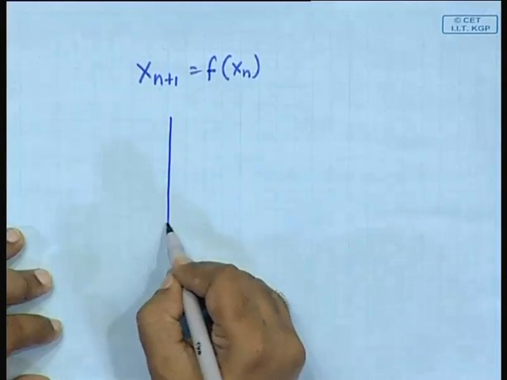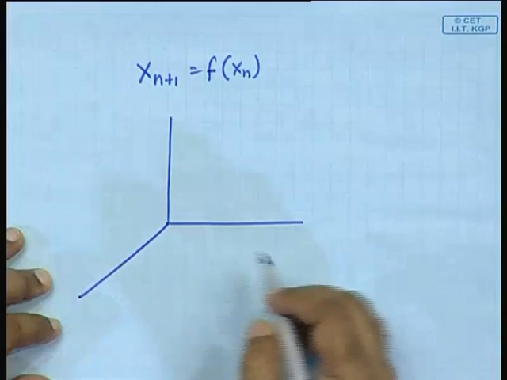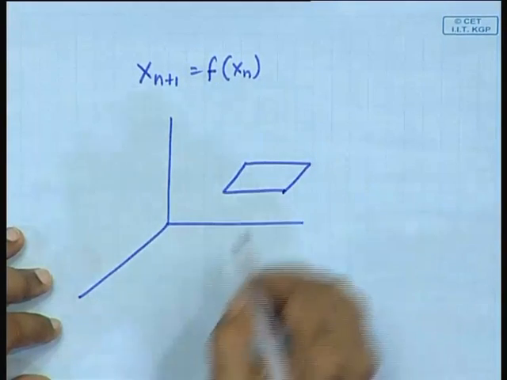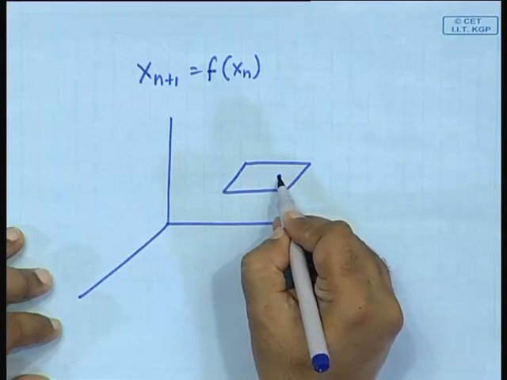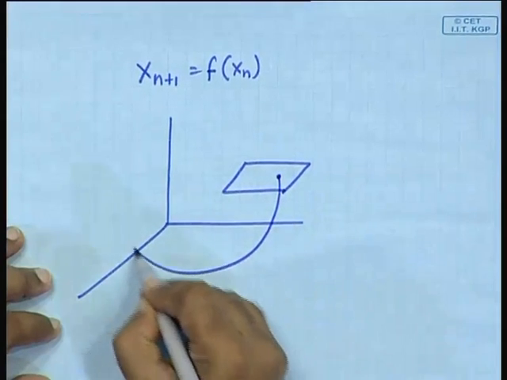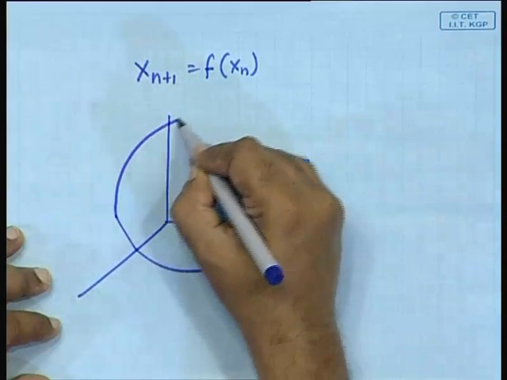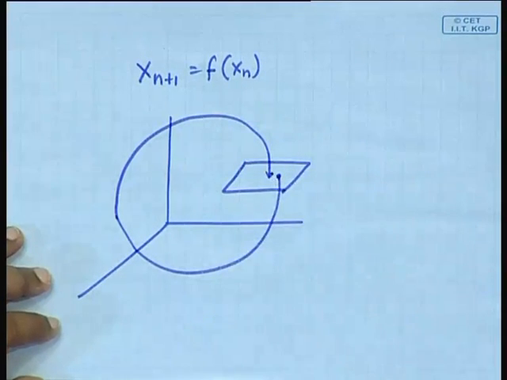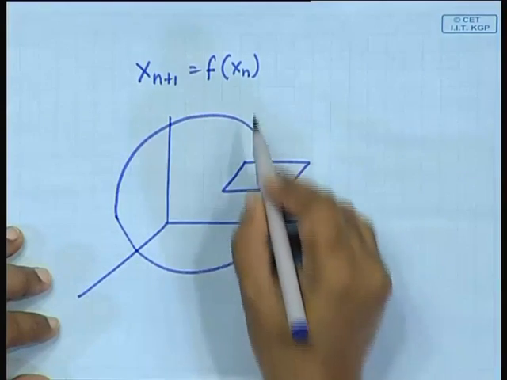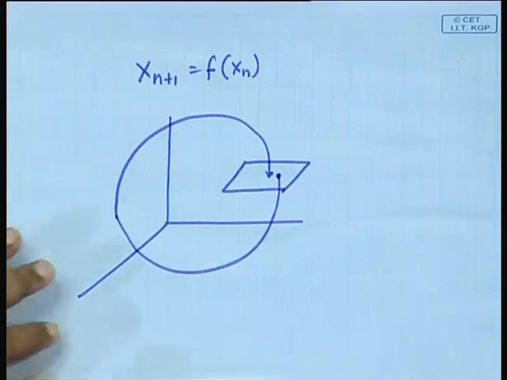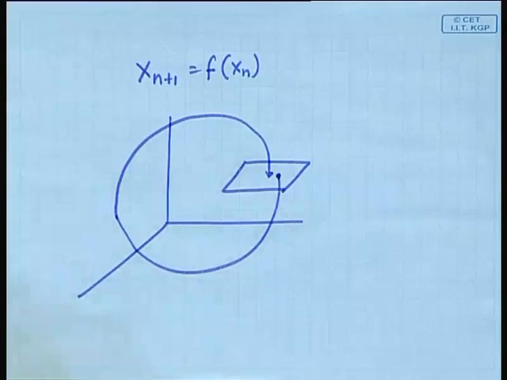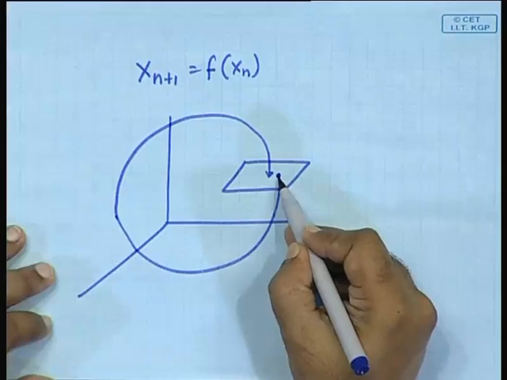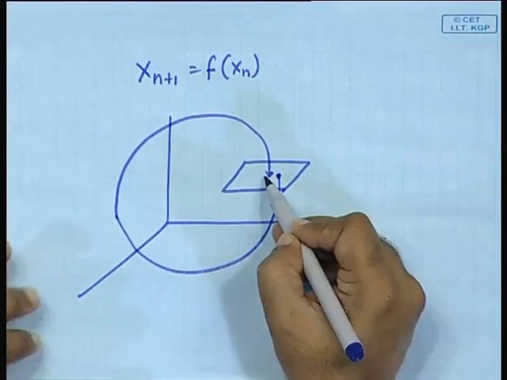You are placing the Poincare section, starting from a point on the Poincare section, allowing it to be evolved, and then finding out where it pierces next. And then you would say, if this is my x n, this is my x n plus 1, right. So, obviously, you will need to evolve it from this point to the next piercing.